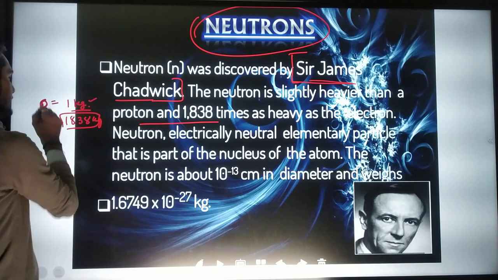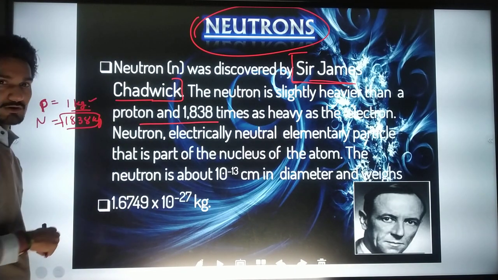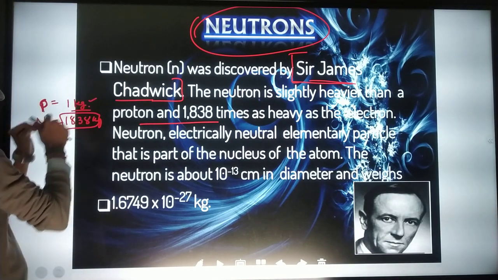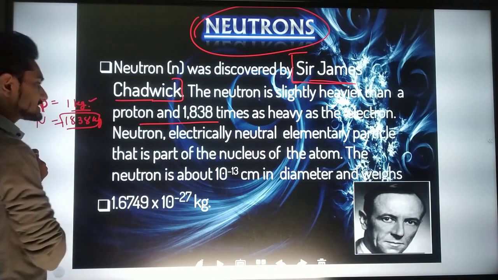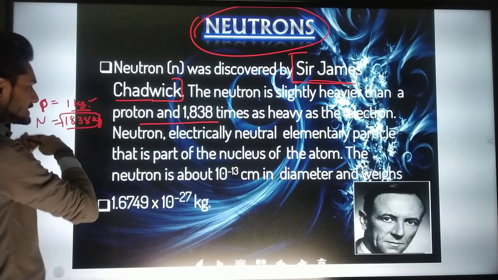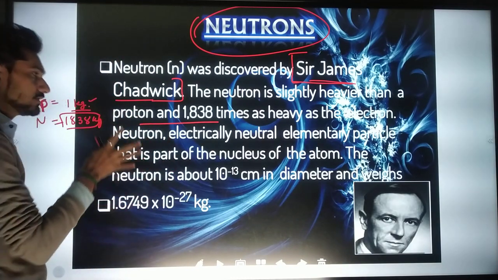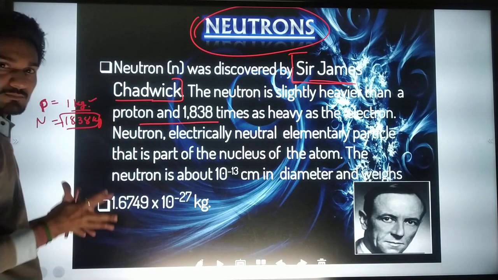Sorry, I said electron, but it is proton. If a proton has 1 kilogram of mass, then the neutron has 1838 times more mass than the proton.